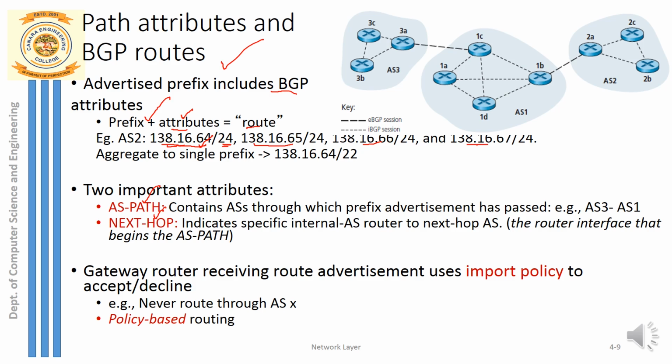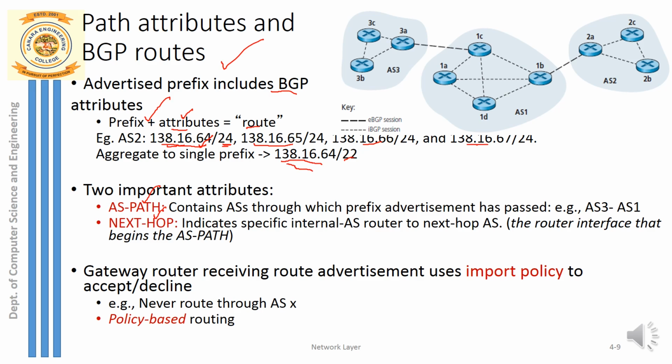You can aggregate all these four subnet addresses into one. So what is that aggregated single prefix? 138.16.64/22. What is the meaning of 22 here? The first 22 bits are common for all the subnets inside a particular autonomous system.